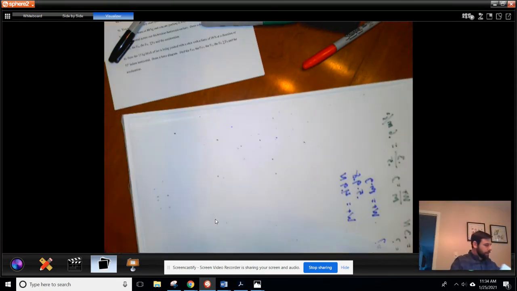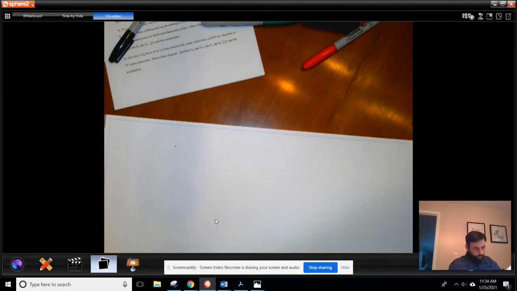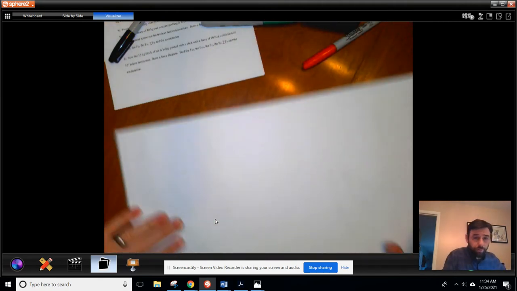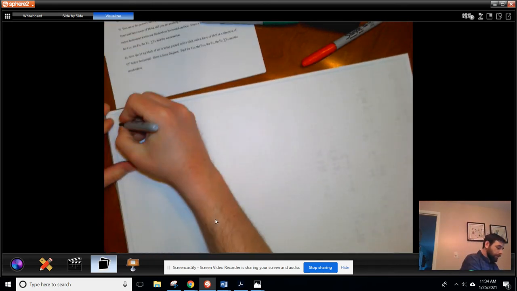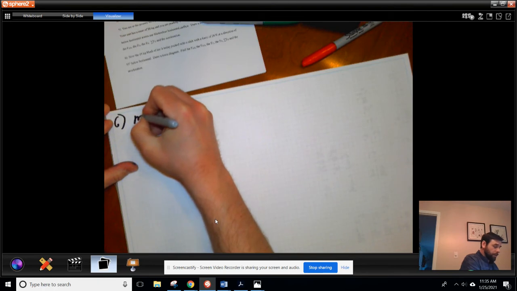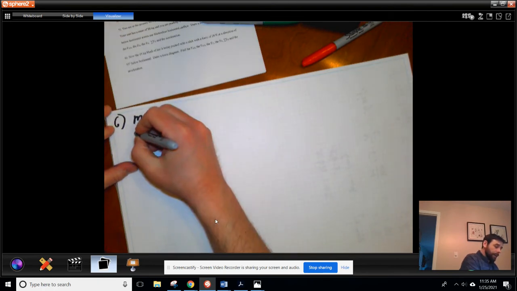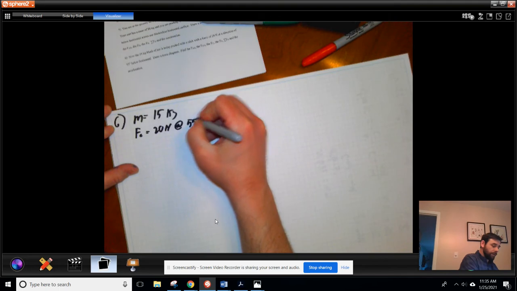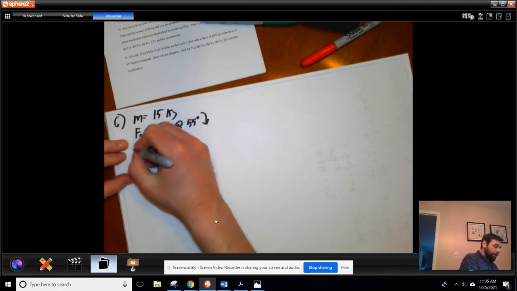Last but not least, number 6. All right, so now we got our 15 kilogram ice block again. M equals 15 kg. It's being pushed with a force of 20 newtons at 55 degrees below the horizontal, and it's frictionless.